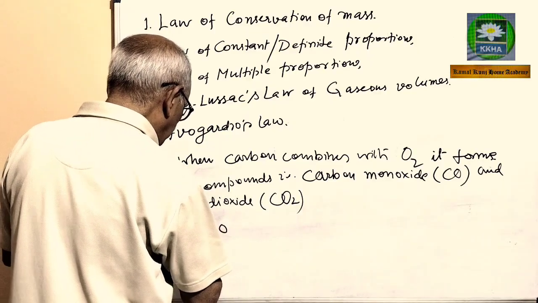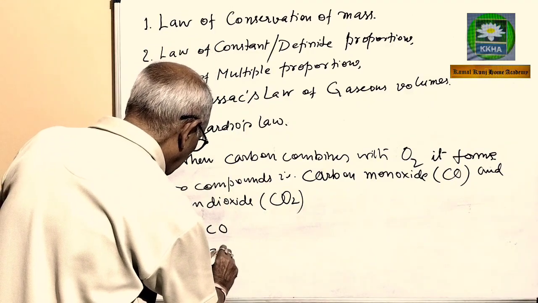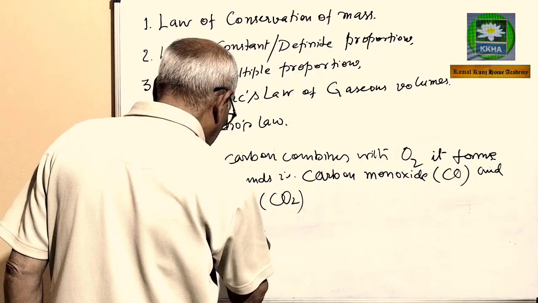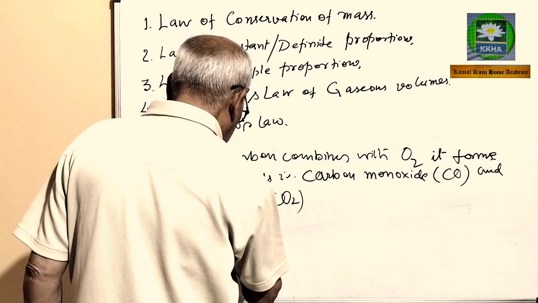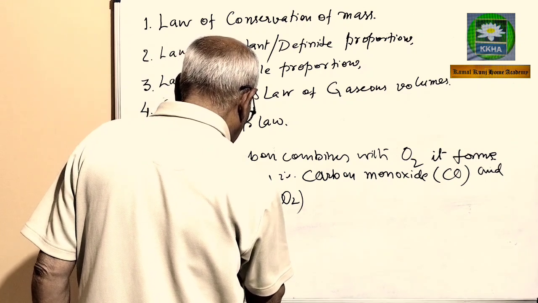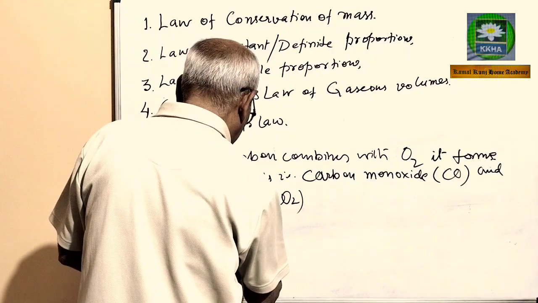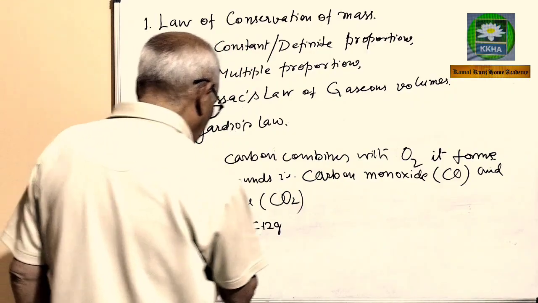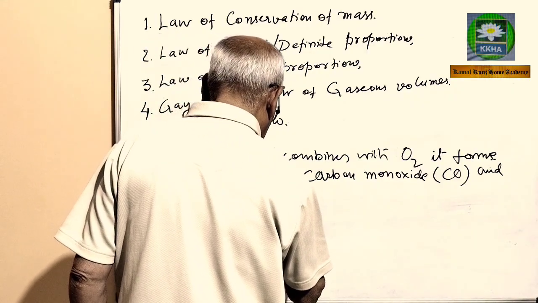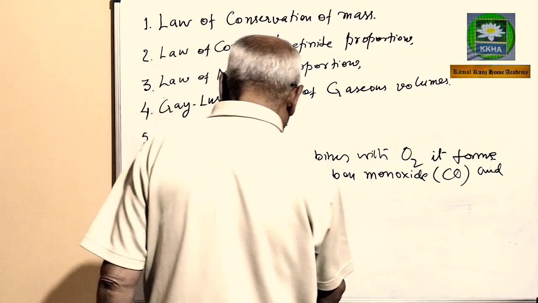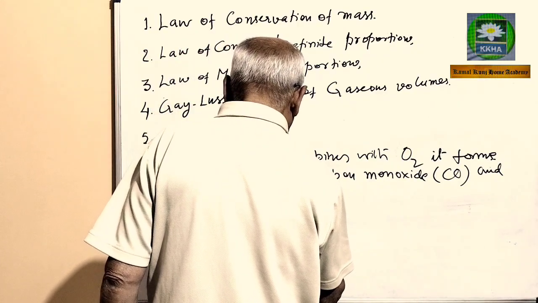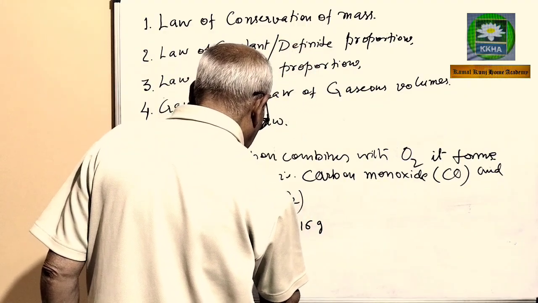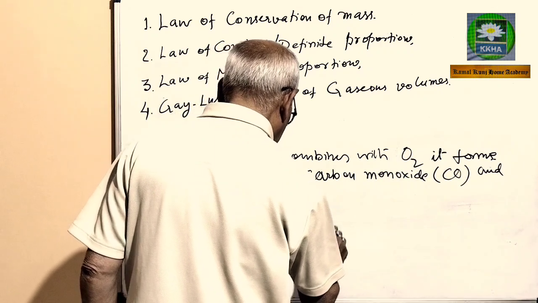In carbon monoxide, carbon is 12 gram and oxygen is 16 gram. In carbon dioxide, carbon is 12 grams, oxygen is 32 grams.